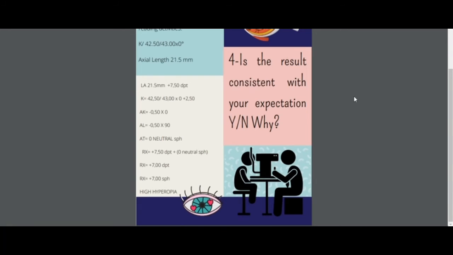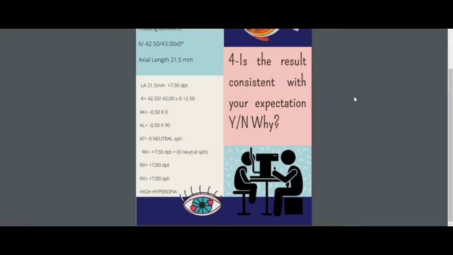After that, we do the Javal's law. So AK would be the distance between the two meridians, and that gives me minus 0.50 by 0 degrees. And AT would be neutral because I subtract AK and AL. So that would give me neutral. Now we will use the formula to find the refraction.